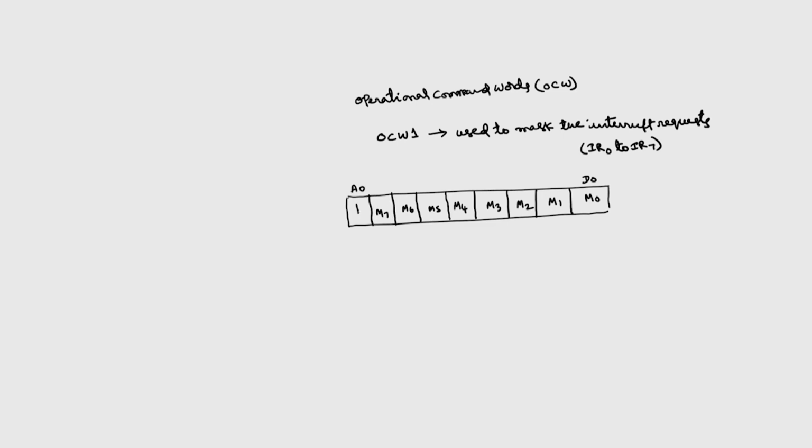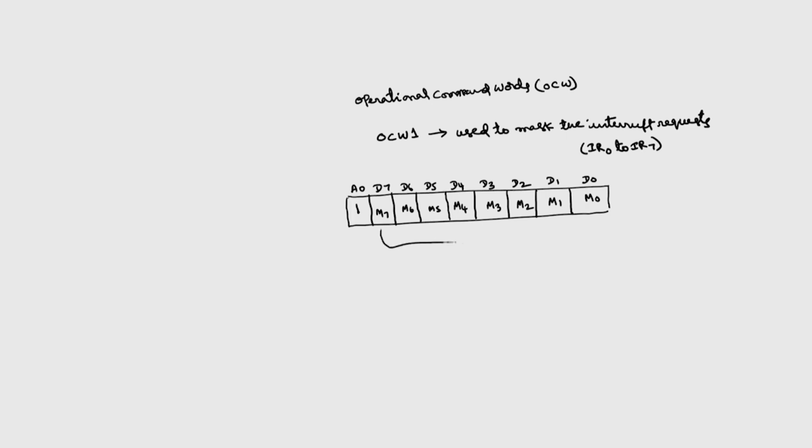This will always be 1 for OCW1. So this is D0, D1, D2, and so on up to D7. This M0 corresponds to IR0, M1 corresponds to IR1, and so on.